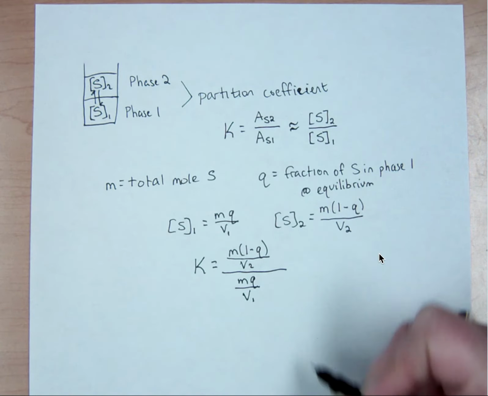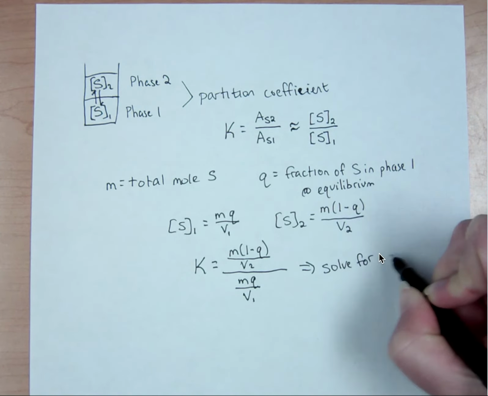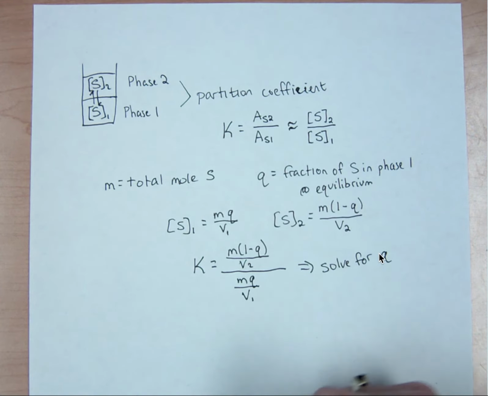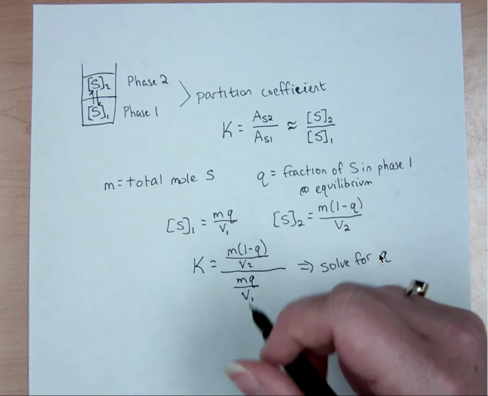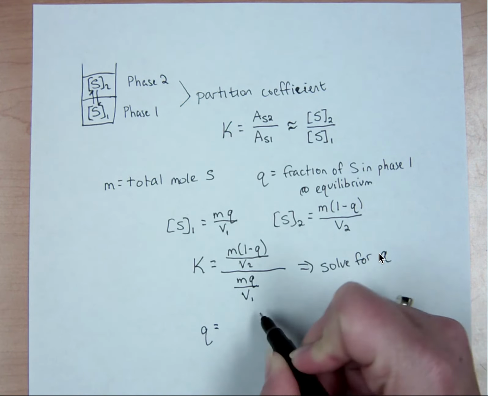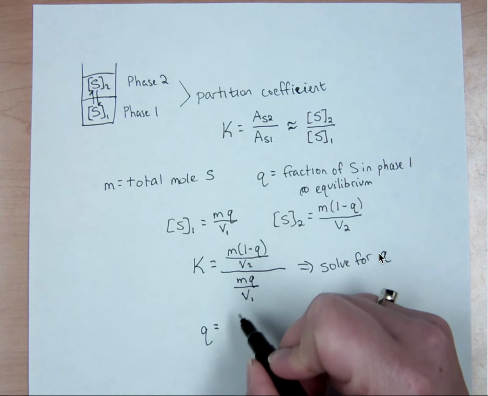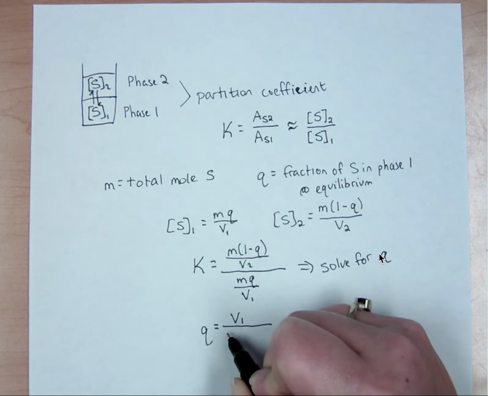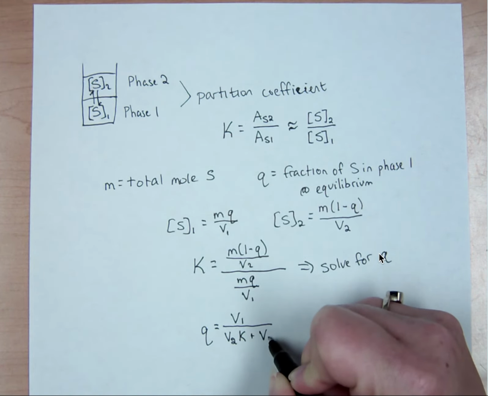Okay, and I'm going to solve for Q. Now I trust you to do the math here, and you're going to end up with an equation that looks like this. So I challenge you to do the rearrangement here, cancel things out, and you would get Q equal to the volume in phase 1 divided by volume in phase 2 times K plus the volume in phase 1.